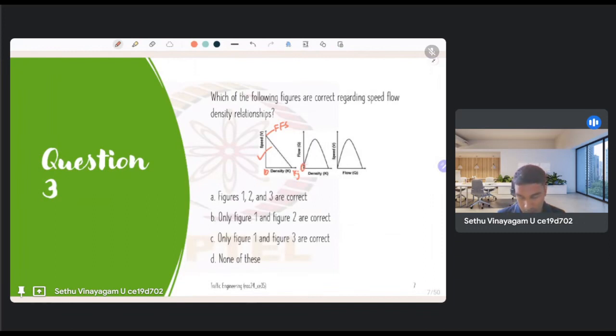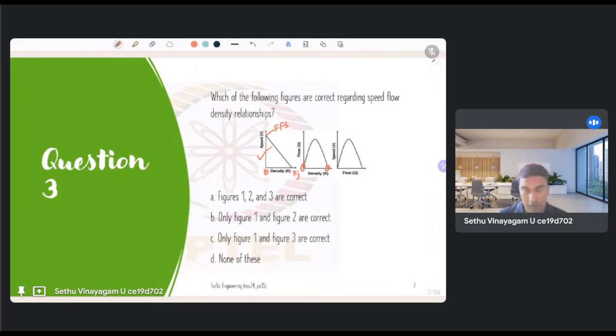Similarly, when you are close to your jam density, because the vehicles are not able to move, even though you have enough vehicles, they are not moving quickly, so the number of vehicles that will cross a point in a given time period will also be smaller. So these two points are correct.